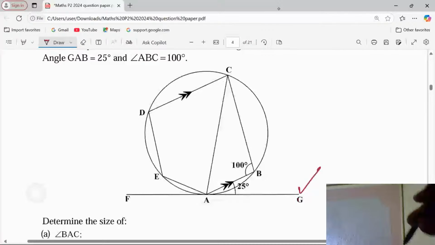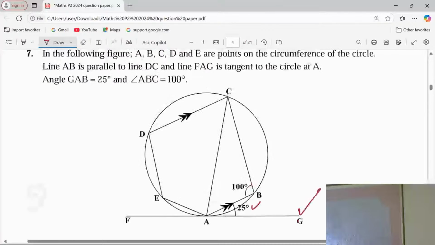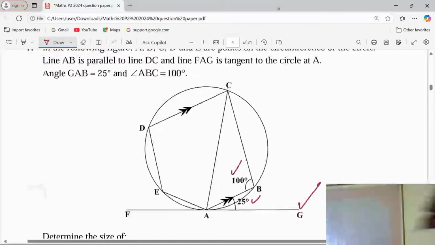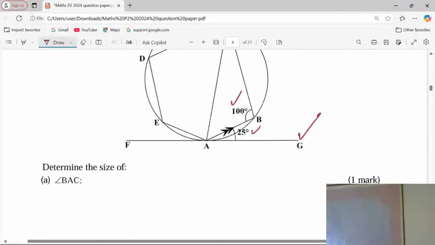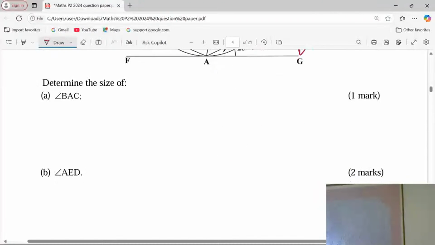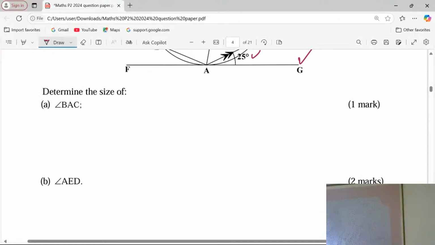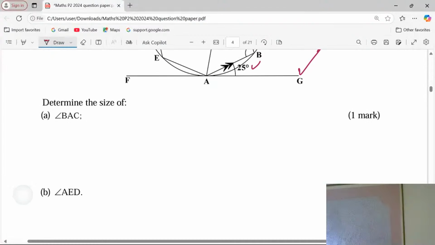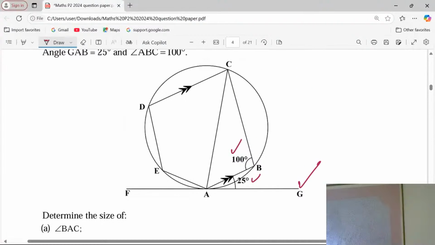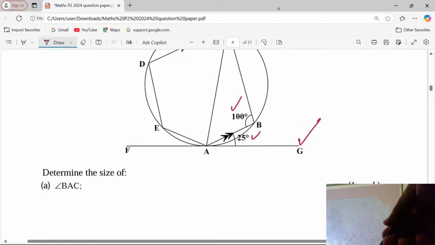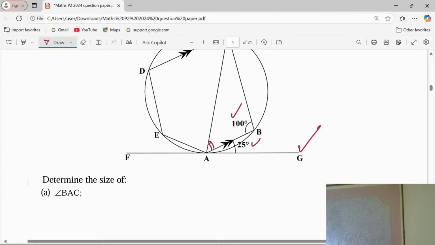Again, the angle ABC is 100. Determine the size of angle BAC, which is the angle at this point.